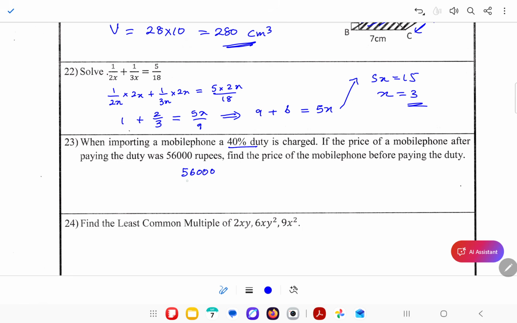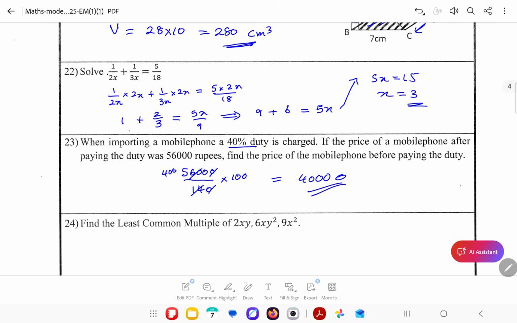So we need to divide this by 140 and multiply by 100 to get the original price. So what is the original price? You can cancel that 0, 400 into 100, so 40,000. 40,000 is the original price.